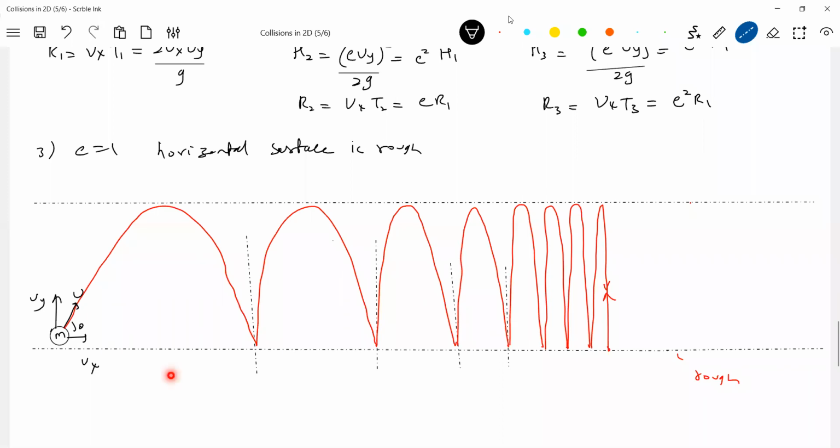The vertical component is not going to change. With what speed the ball was approaching, with the same speed it will rebound. So finally, it will have a speed uy and uy.